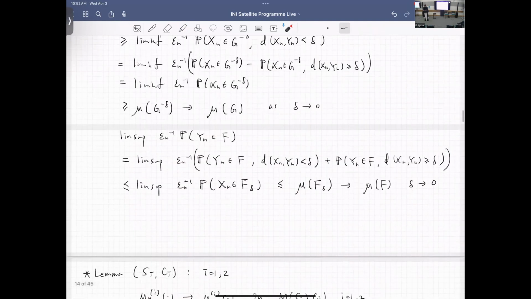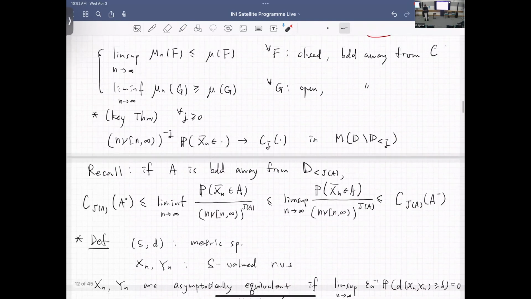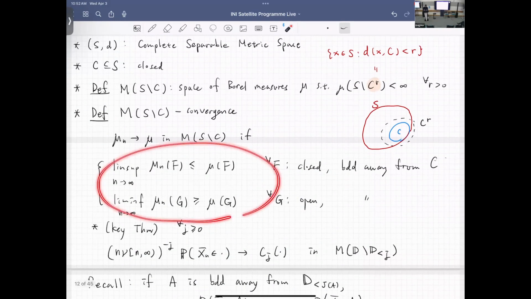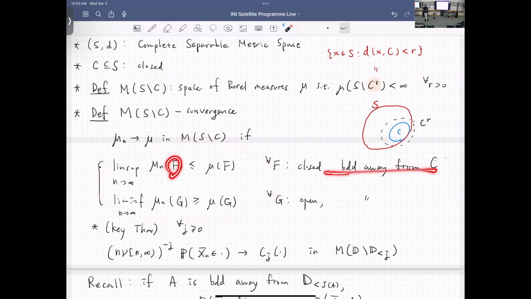So going back to the definition of the M convergence, you see that this holds for all sets, all Fs that are bounded away from C. So if you have smaller C, then there are more sets, right?